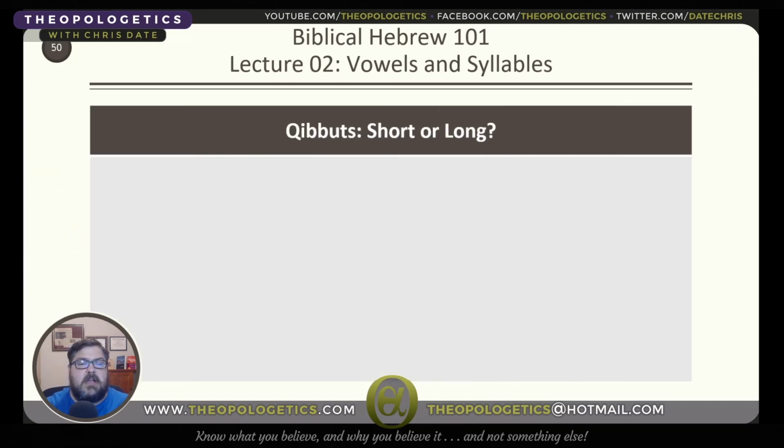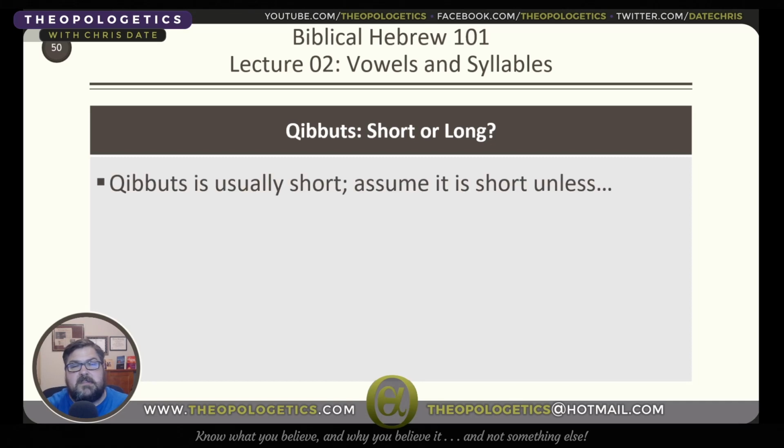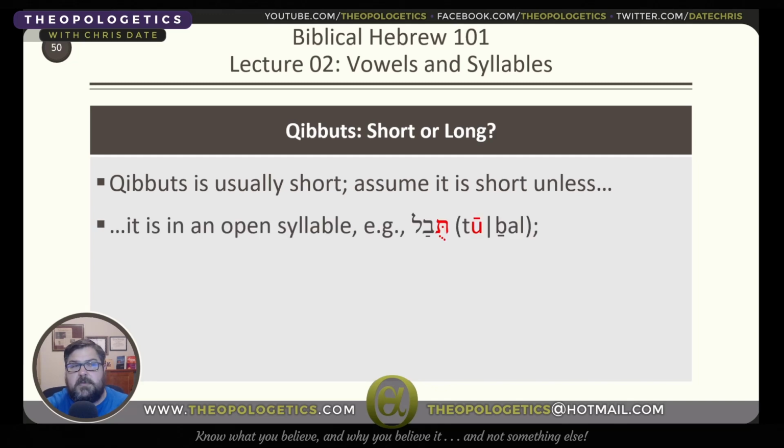Again, just as earlier we talked about how to distinguish a short hirek from a long hirek, here we have to distinguish between a short kibbutz and a long kibbutz. You can assume that a kibbutz is short, as it usually is, unless it is an open syllable, like tuval. Tu is an open syllable, so that kibbutz is long.